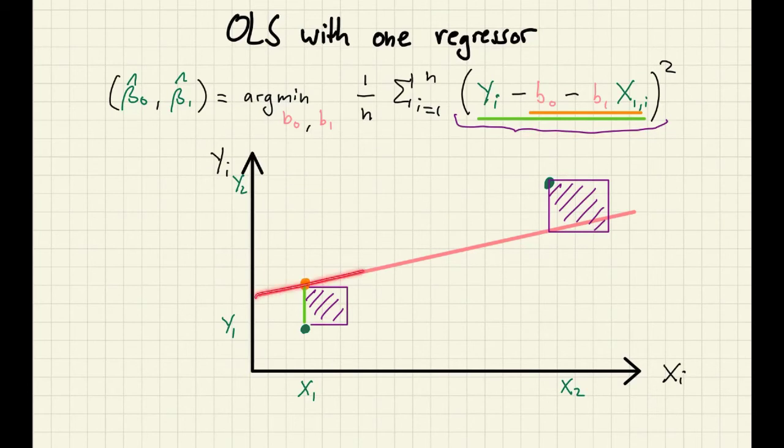That is, we move around this curve and evaluate the criterion, and then we'll try to find the curve that makes the criterion as small as possible. Or in other words, we'll try to find the curve that makes the average area of a square as small as possible, and that's why it's called least squares, because we want to make the squares as small as possible.